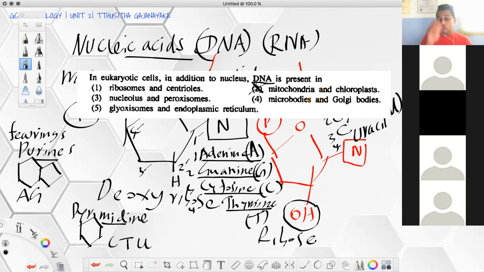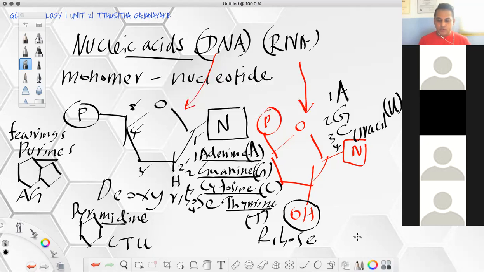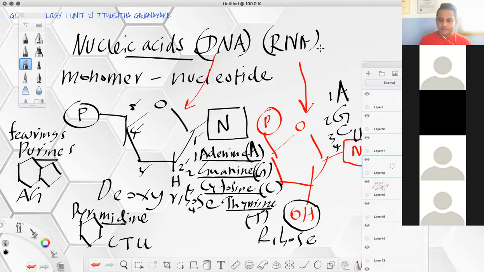We will see what is the role of this DNA in mitochondria and chloroplast, and why they have DNA. But for the learning purpose, DNA can be found in mitochondria and chloroplast and nucleus, right? Okay, so let's move to the next level.